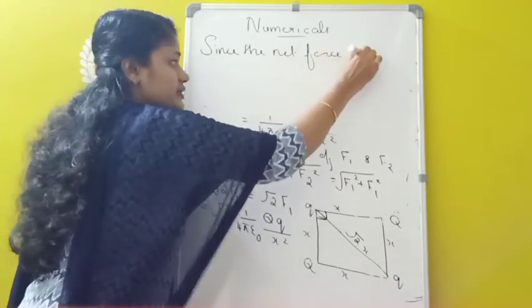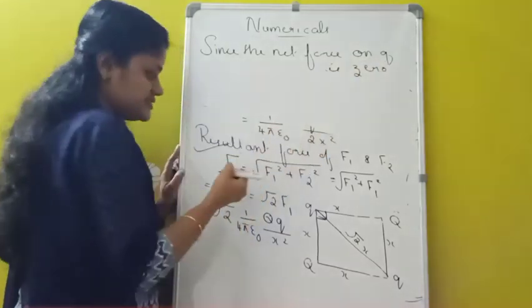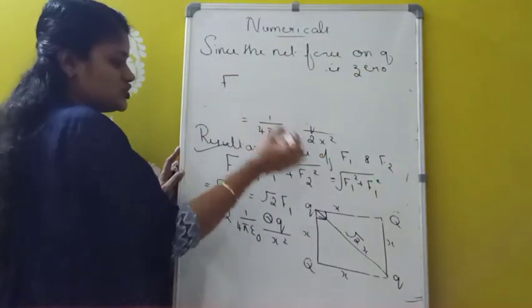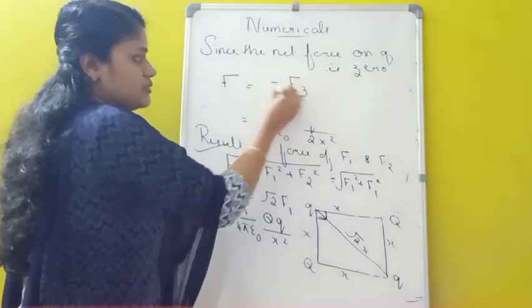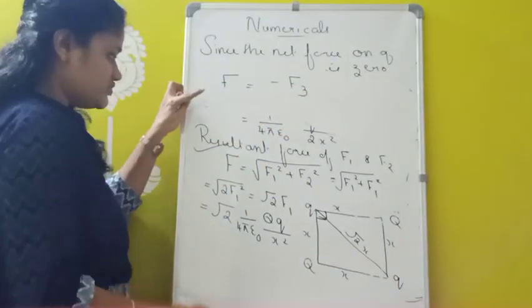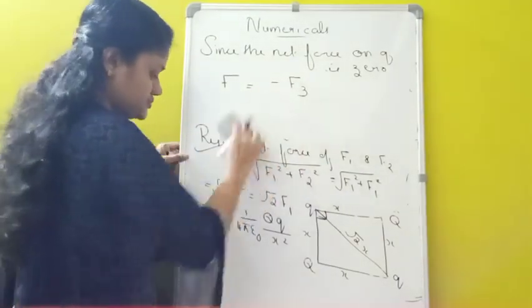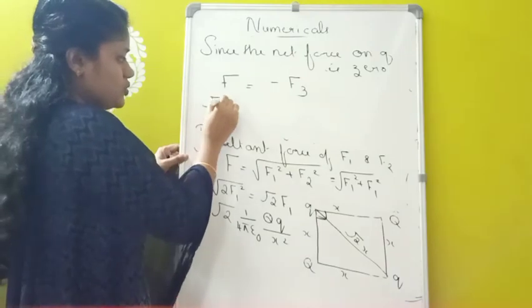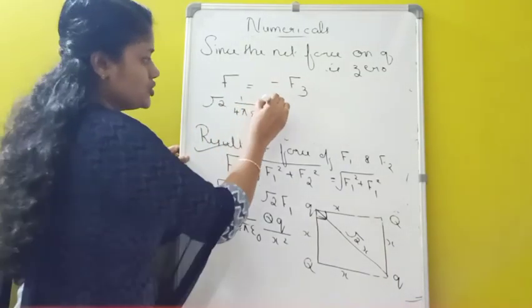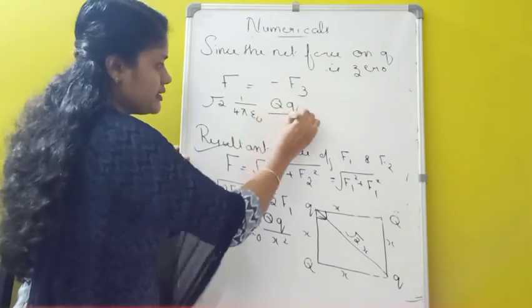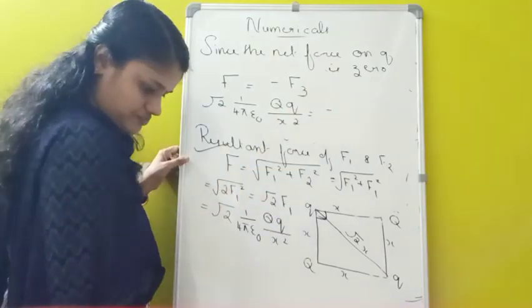So since the net force on q is 0, that means this F, the resultant force of F1 and F2, must be equal to minus F3. Both will be equal and opposite. What is F here? F is root 2 into 1 by 4 pi epsilon 0 into Q square by x square, equals minus F3.